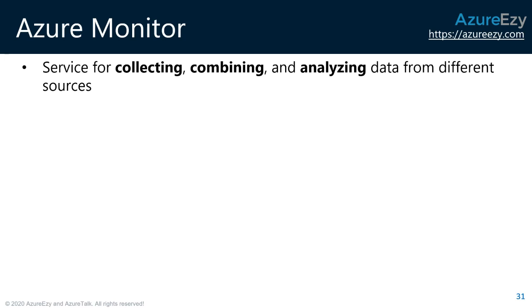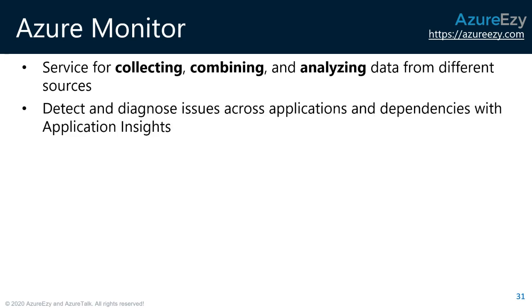So it helps you collect all those things, combine them, and analyze and visualize them from different sources. We'll be discussing what type of data and what type of analysis in an upcoming slide. It also helps you detect if there is any issue, and diagnose those issues across your applications.